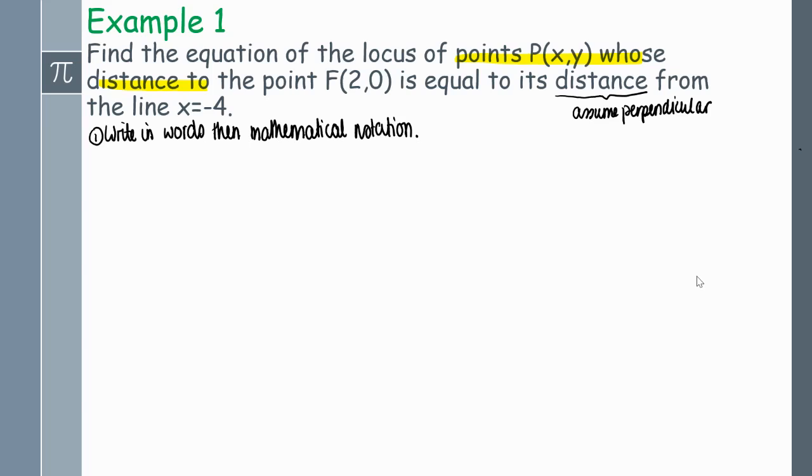So here I can write the distance of P(x, y) to the point F(2, 0) equals the distance of P(x, y) to the line x equals minus 4, but remember it's a perpendicular distance.